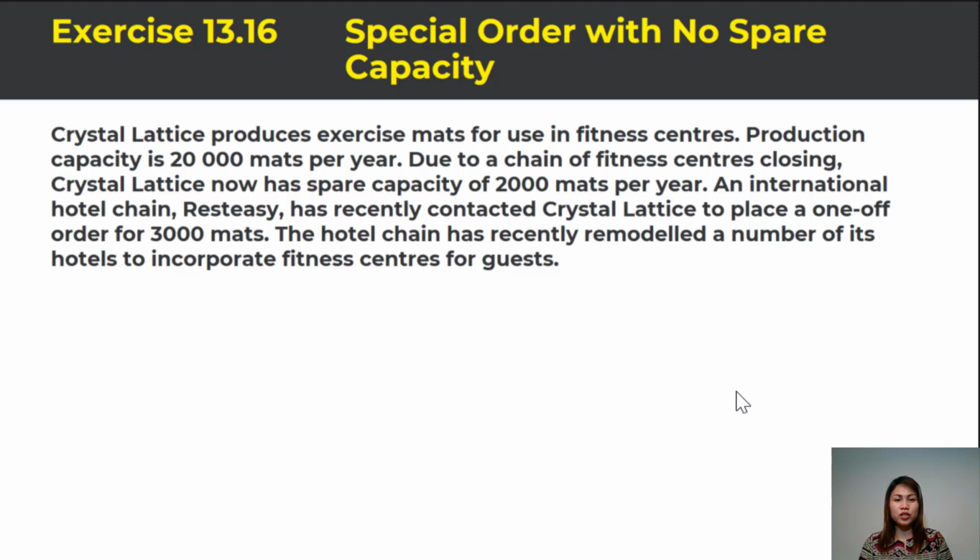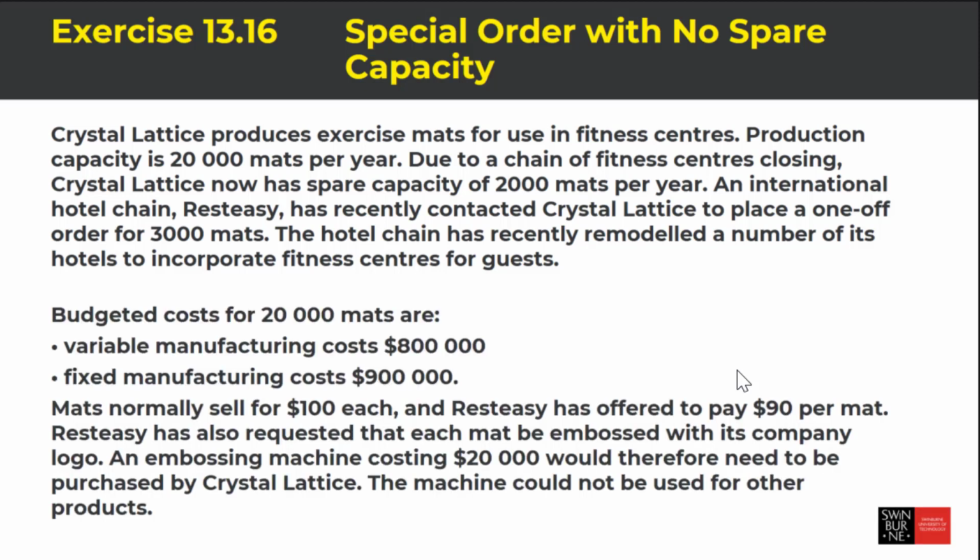So 2,000 spare, they need to produce 3,000 mats. It means they have to give up 1,000 mats that they usually sell to their current customers in order to fulfill the special order if they want to accept it. So let's continue reading this information.